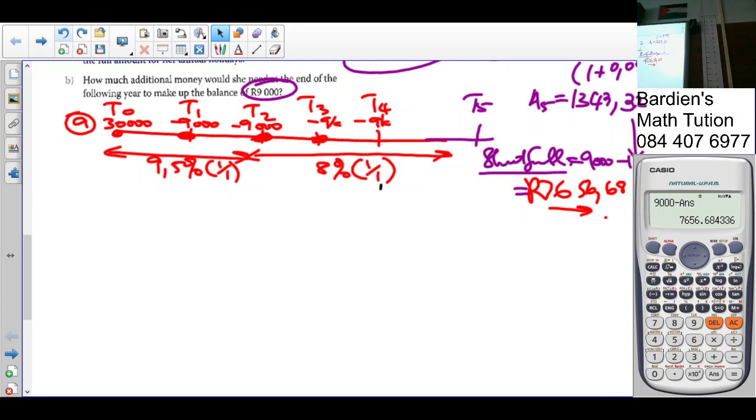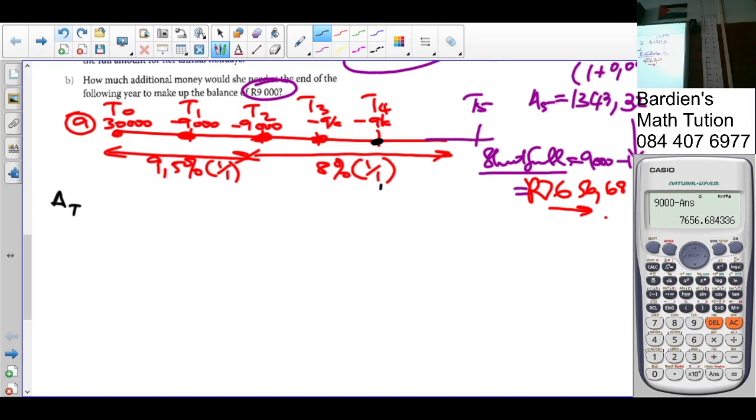I came to an answer of 4 years, or 5 years, no? 4 years. So, what I do is I say, okay, let's say it lasts for 4 years. So I'm going to stop here. If the answer is over 9,000 rand, then I must go to T5. Make sense? If it's a negative number, I've taken it too far.